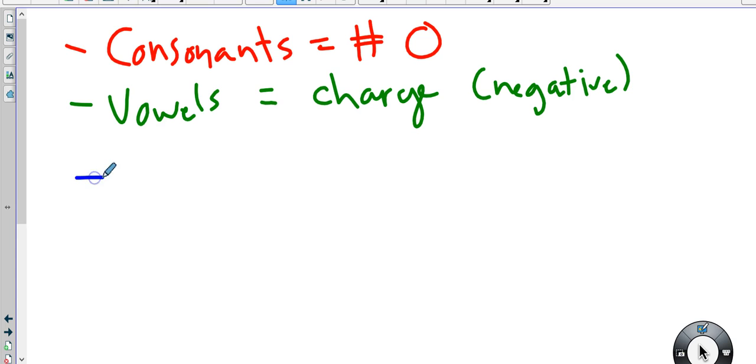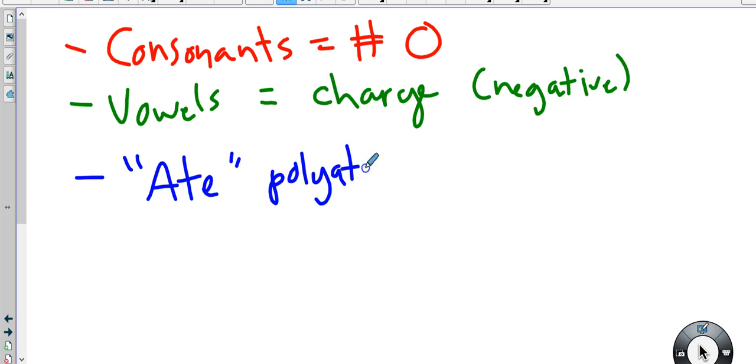These will give you the -ate polyatomic ion. So what am I talking about? Do you see on the list, it's alphabetical, do you see nitrate? When you use this little saying, what it's going to give you is the answer to the one that ends in -ate.